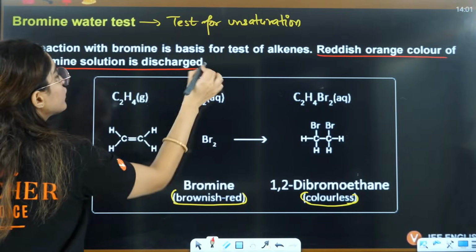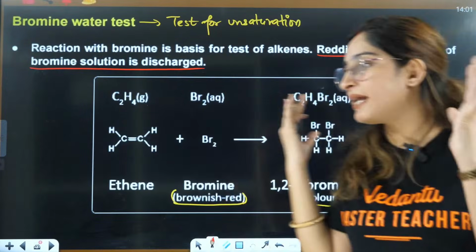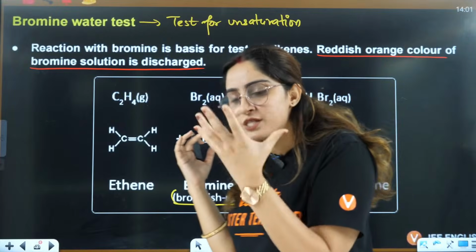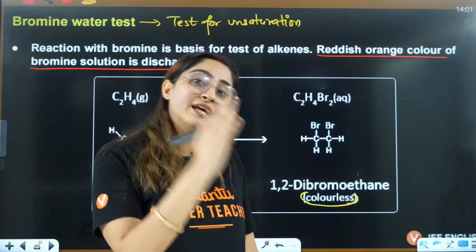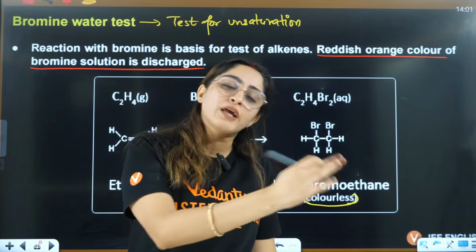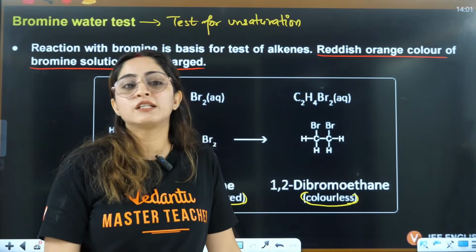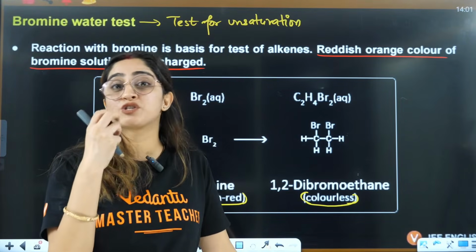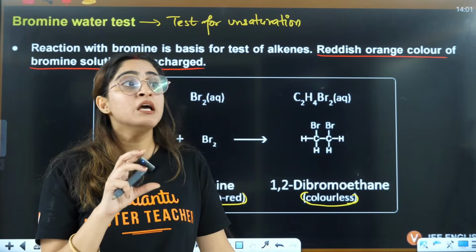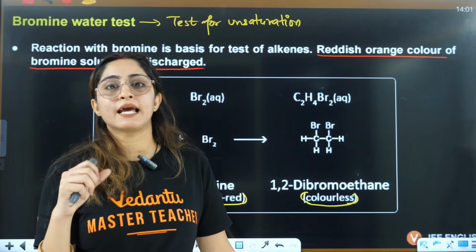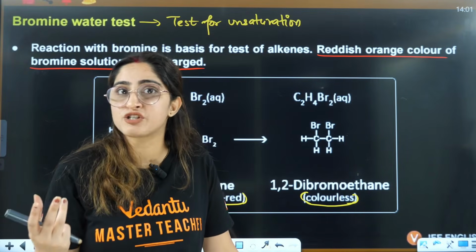The reddish brown color of the bromine solution is discharged, it is eliminated, and when you see a visible change in any reaction, you tell that, okay, this is a distinguishing test, because we need a visible change. Either we should see a color, or we should see some change in the odor, or there should be some precipitate formation.